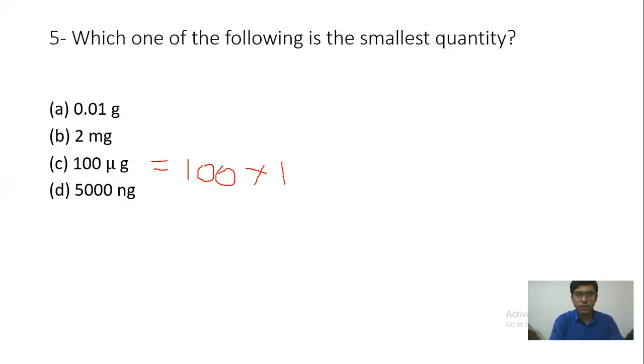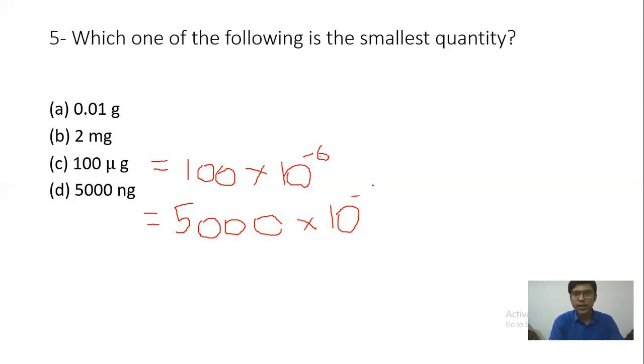And 5,000 nanograms becomes 5,000, and by removing nano, we have to remember the prefix, which is exponent minus 9.